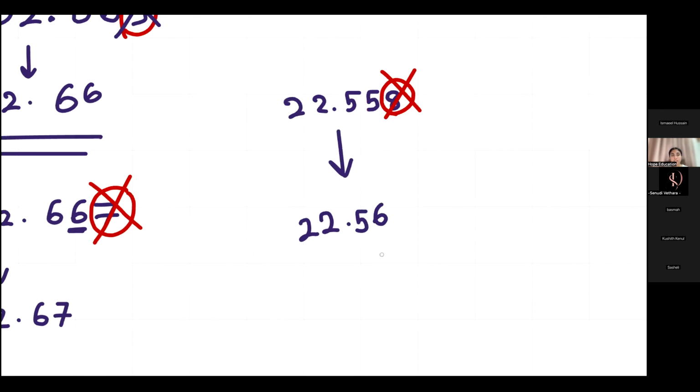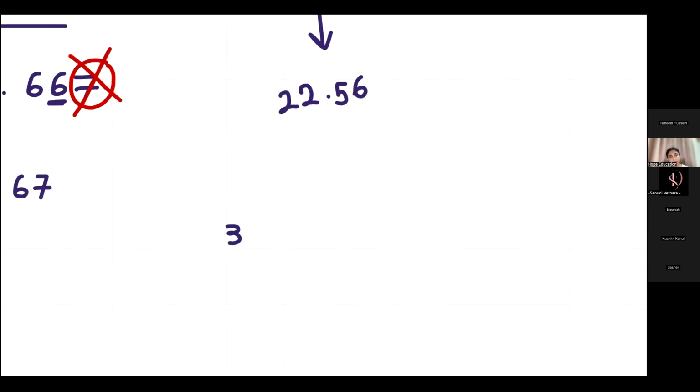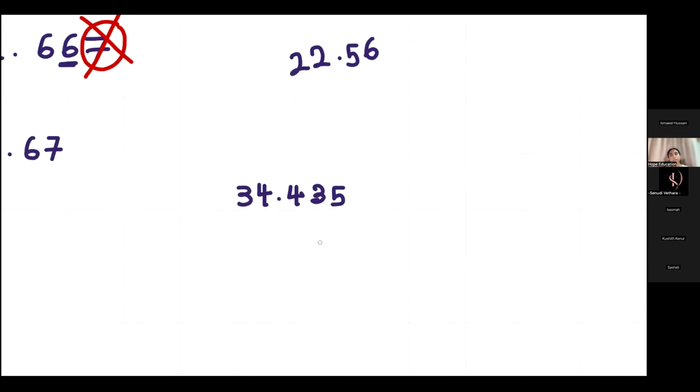Just one more. Tell me this. Again to two decimal places. I need it to two decimal places. This is 3, yeah? Okay, Maria. 34.44.